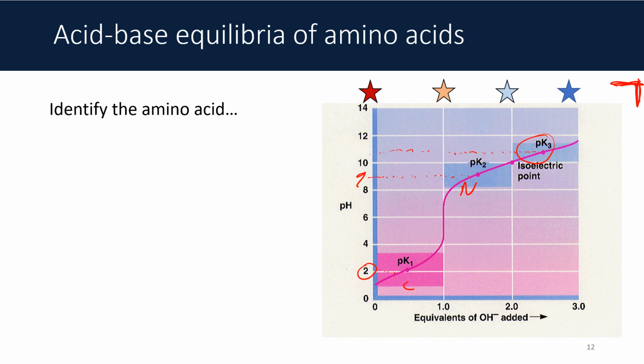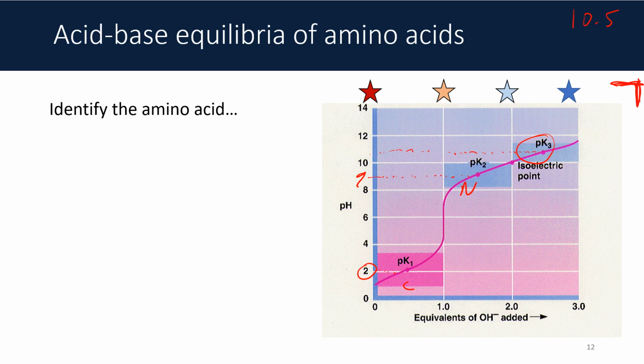But we can reason through a little bit further and state that since the third pKa requires enormous amounts of base to deprotonate it, we can assume that it is basic, so that narrows the pool down to arginine, histidine, and lysine. And I happen to know that the pKa of lysine is 10.5, so this would be lysine. It's good to know how to do this skill.